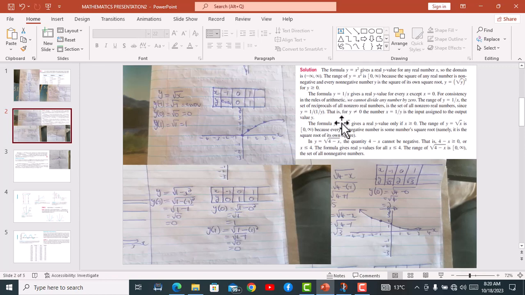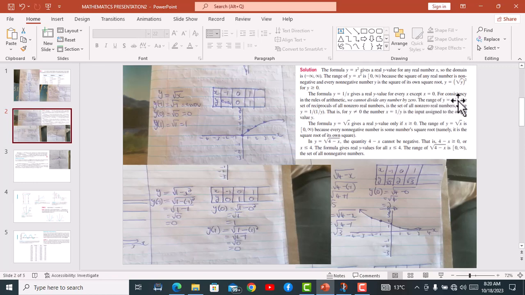All right, the formula y equals 1/x gives a real y value for every x except at x equals 0. We saw that. For consistency in the rules of arithmetic, we cannot divide any number by 0. Thomas is being very careful here because he knows that in the world of complex numbers, we are speaking of something different.